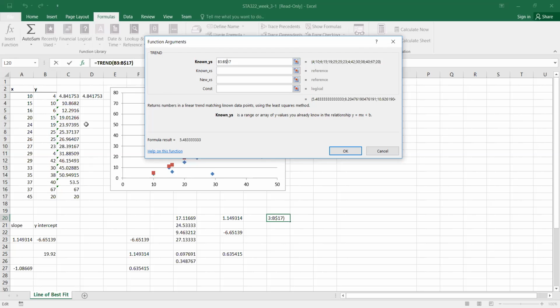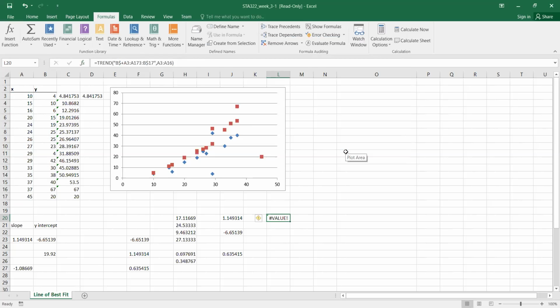Wait a minute, maybe let's try this. We want to calculate Y's. So we want the range always to be B3 through B17. And then the X's are going to be there. So let's see what happens now. Nope, didn't like it. See, that was my problem.